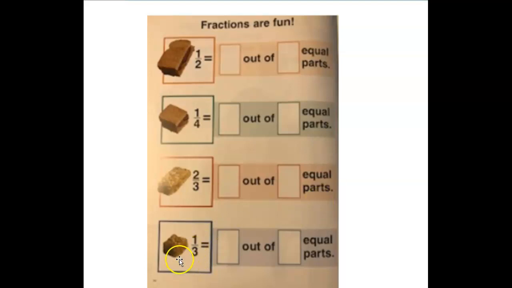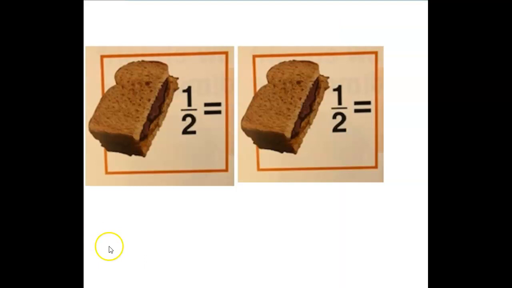And this is showing just 1 out of 3 equal parts. So to have a full sandwich, we would take 2 halves and put them together to make a whole.